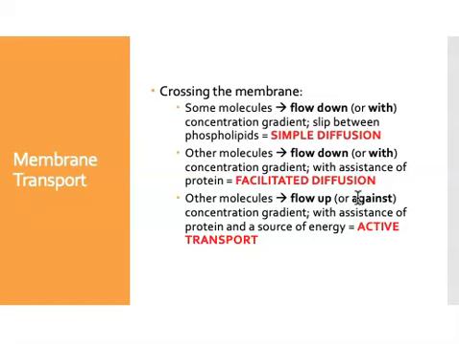These molecules are using a process called active transport. Like facilitated diffusion, active transport requires the assistance of a protein. But unlike facilitated diffusion, active transport requires a source of energy.